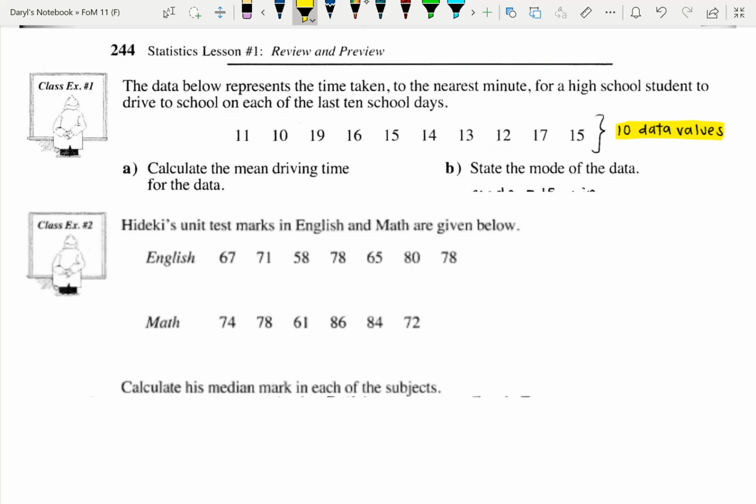For the first question, calculate the mean driving time for the data.